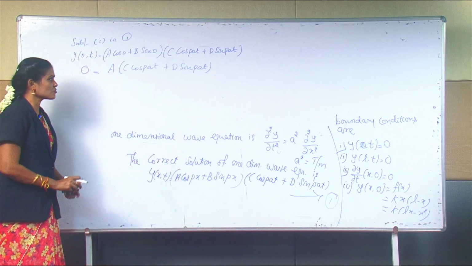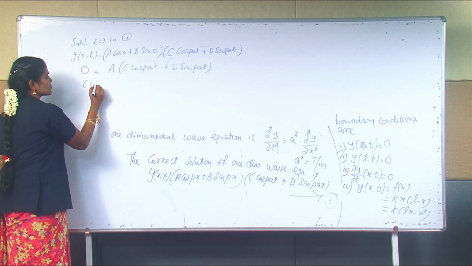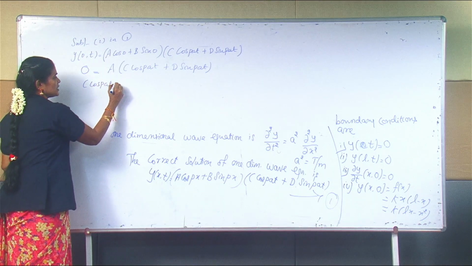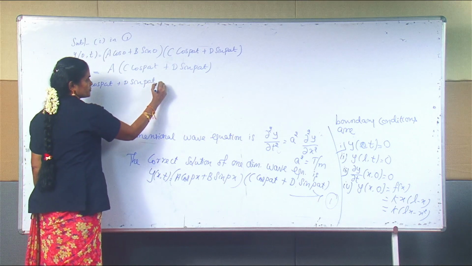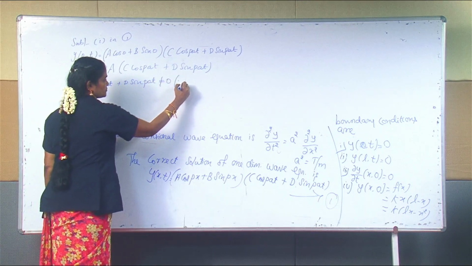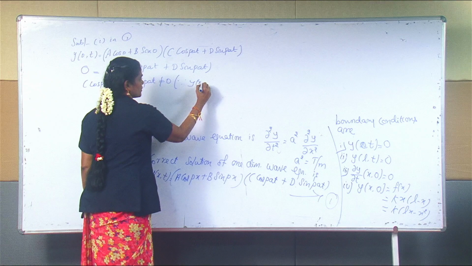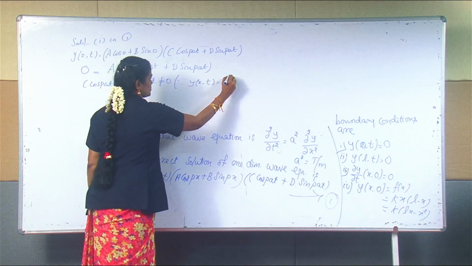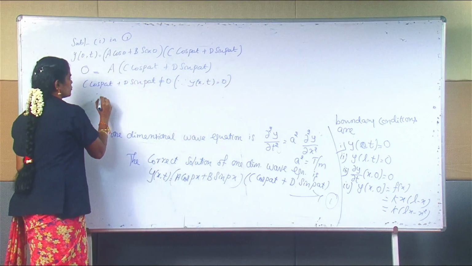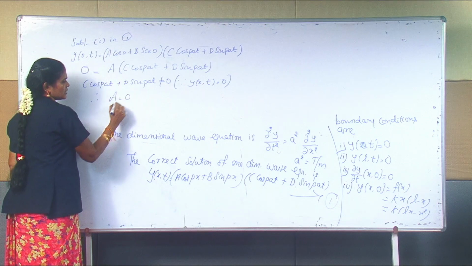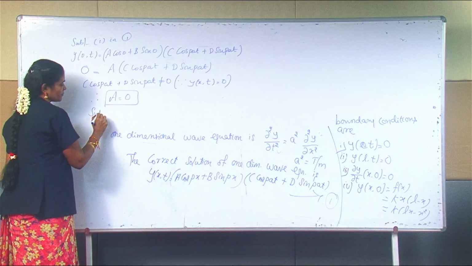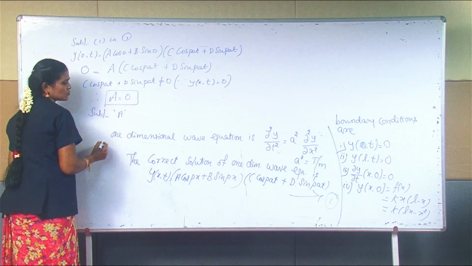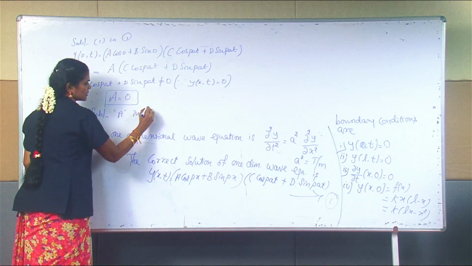So it is a trivial solution, that is why c cos pat plus d sin pat is not equal to 0, since y of x comma t would become 0. Therefore, the only possibility is that a value is 0. So, substitute a equal to 0 in equation 1.